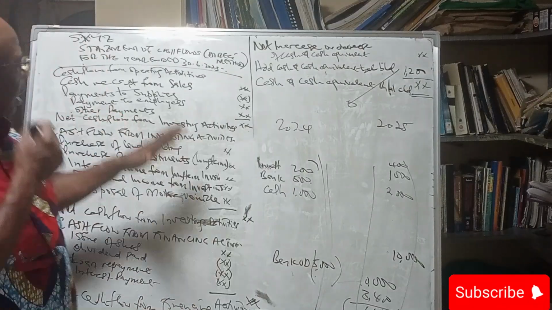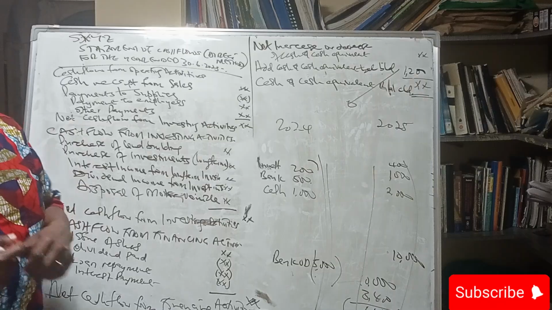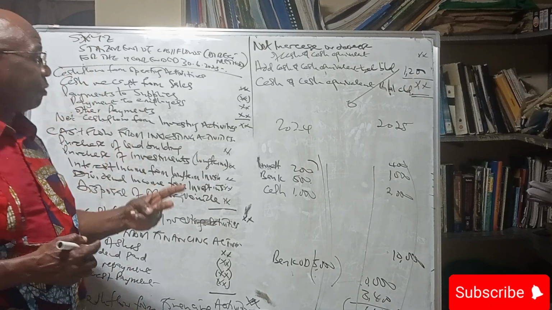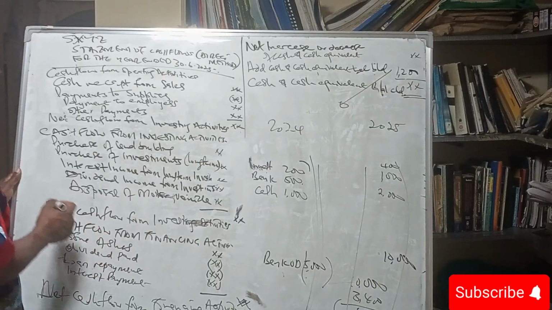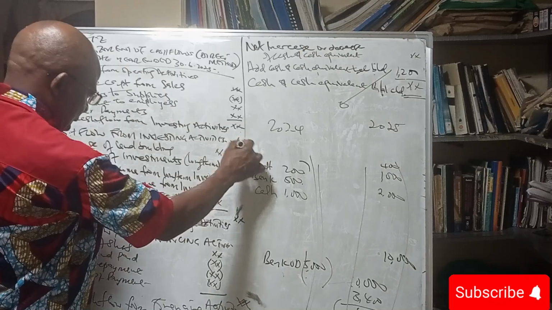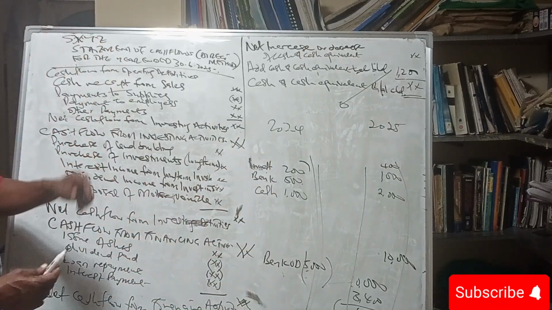So this is direct method. Please mark this way. We have two methods of preparation of the statement of cash flows, but the area for investing activities and financing activities remain the same. They do not change.